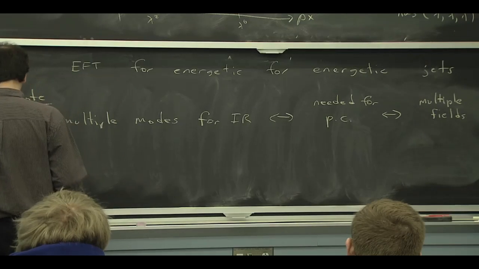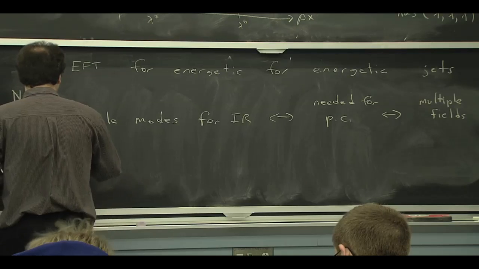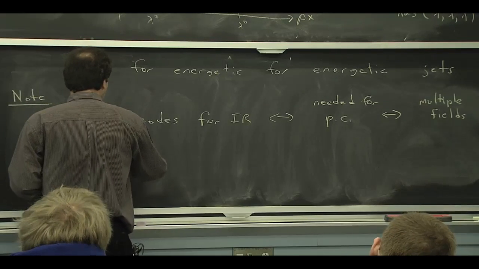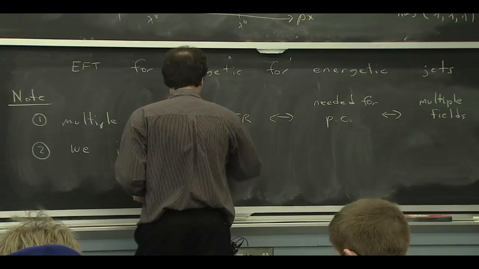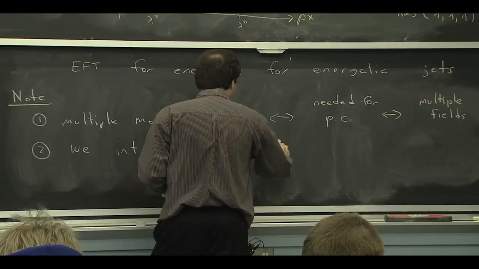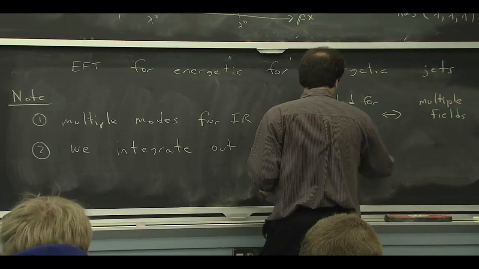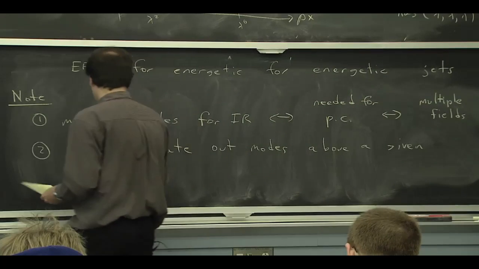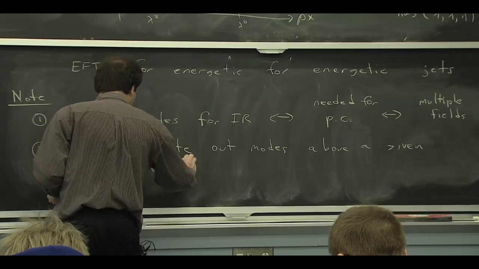We'll also see that the power counting is different. So you can ask, what are you integrating out? And we're still taking the attitude that we integrate out modes that are off shell. And so above a given hyperbola. So that part of our story of effective field theory is really the same.